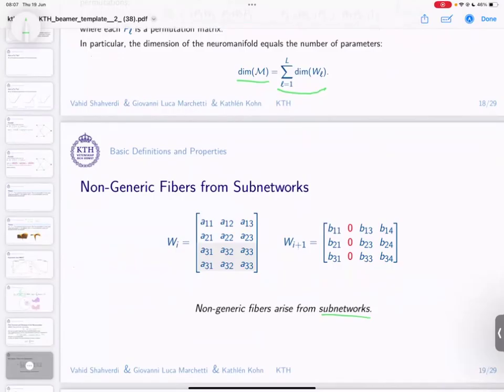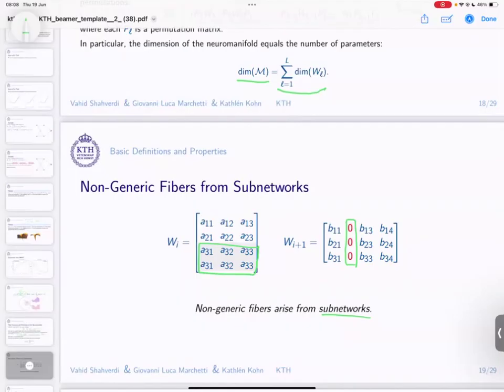So how you get subnetworks is the following. Either you put a zero column, or you have repeated rows in your matrix.